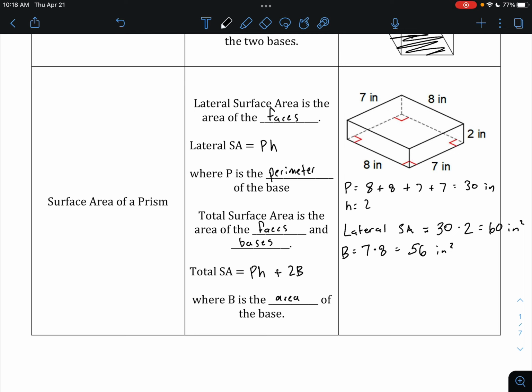And we can plug that into our equation. So our total surface area equals perimeter times height plus 2 times the area of the base. Now we already know what the perimeter times height is. We can go ahead and put that in.